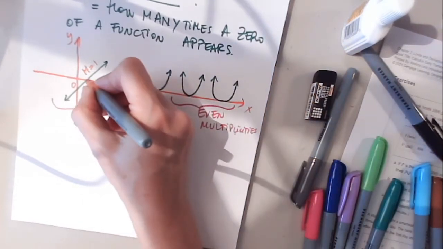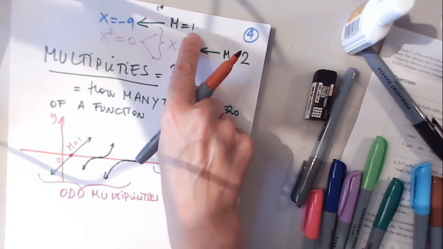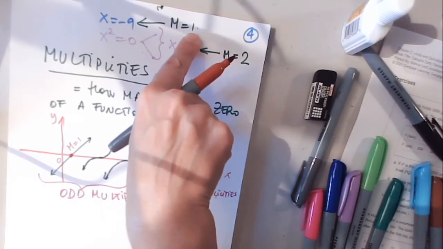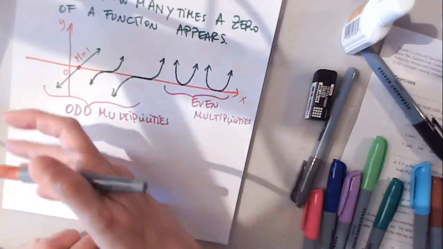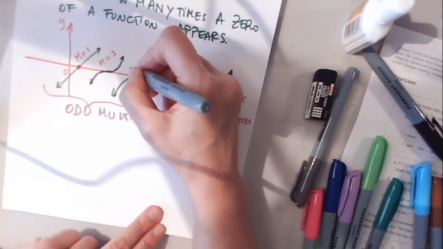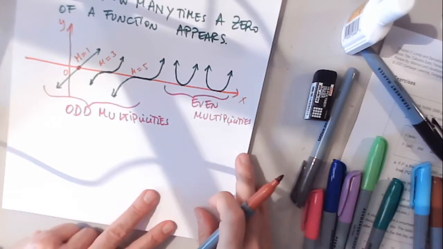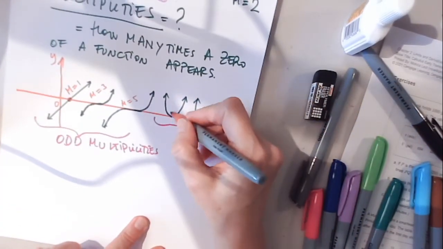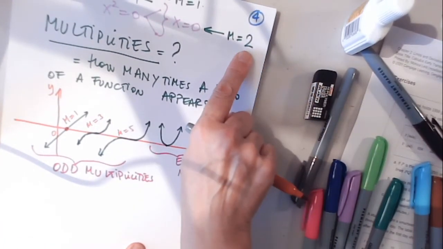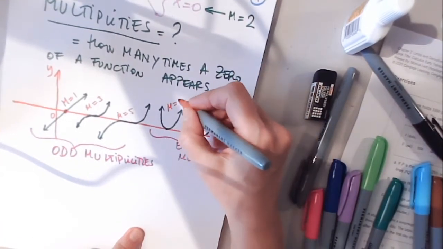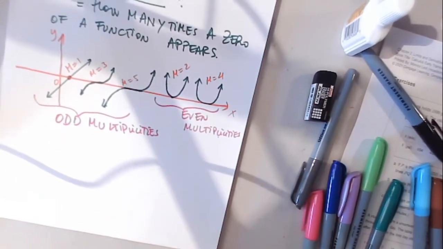In other words, this 0, this x-intercept, has a multiplicity of 1. Appears only once. Of course, this one is 3, this one is 5, and so on and so forth. When it turns quickly like this, it's this situation. So this is a multiplicity 2, and this is a multiplicity 4, and so on and so forth.